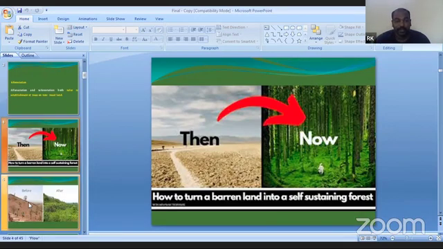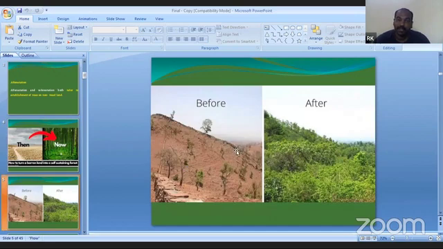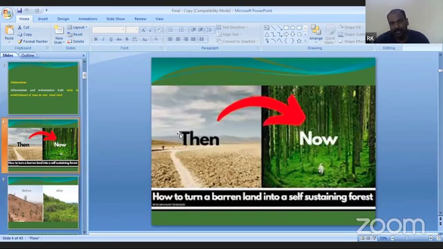Second, you see that this is an undulated terrain. So how can we grow trees in this area? This is a forest area or any other government area or private land. Before, the land was like this, then using some techniques we make it fully green cover.